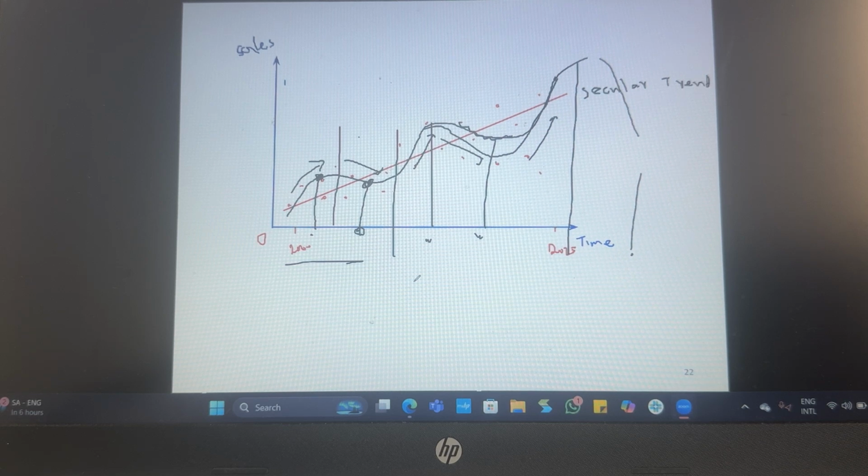Seasonal variation. It happens every year, for example in Sri Lanka, with ready-made garments and sweets business. Which period is very good? If you have the quarterly data, 4 quarters in a year, think about the sales of sweets varieties and ready-made garments.